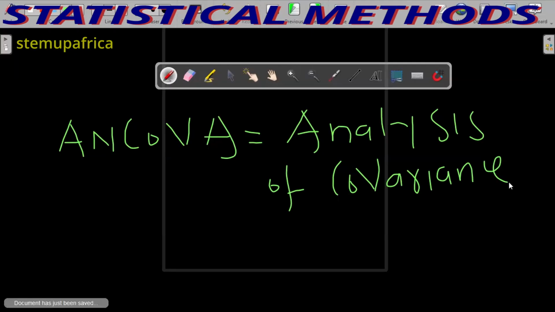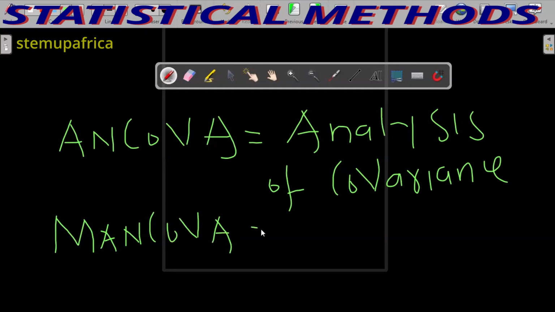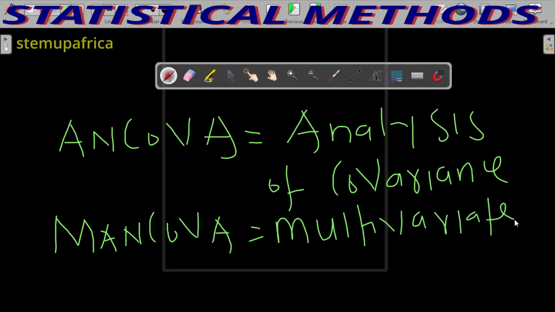Then the other one, MANCOVA. The MANCOVA stands for multivariate analysis of covariance.